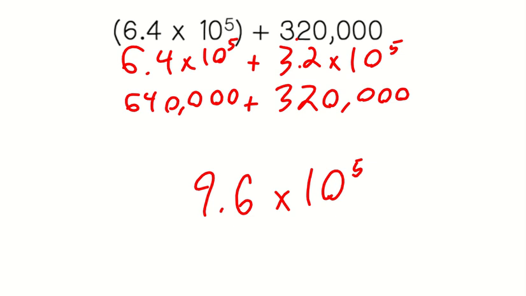I would want to write those vertically to add them, to have them line up. But when you add those, you would have 960,000. Decimal goes there, 5 digits after. So it's 9.6 times 10 to the 5th, either way. Any questions?